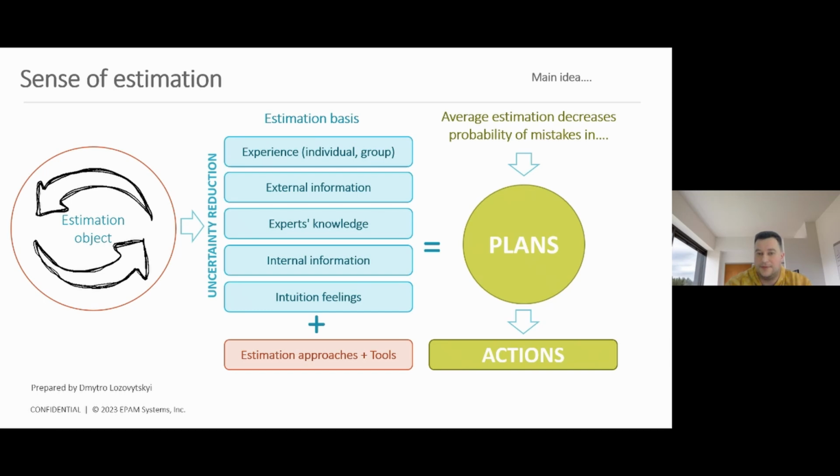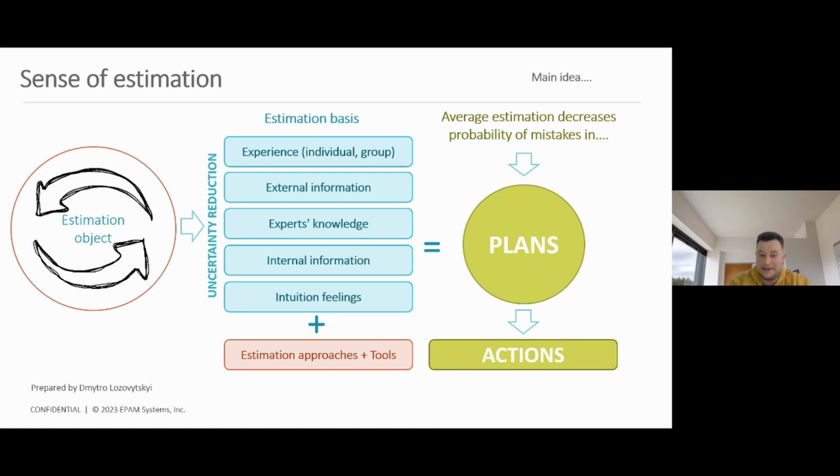And this is the second part of this formula. We need to understand the estimation object and the estimation basis. This understanding will provide us a better choice of the estimation approaches that we have in our practice. Generally, if you Google it, you can see that we have more than 40 estimation techniques or approaches that we can use in our practice. 40, oh my God, a crazy number.